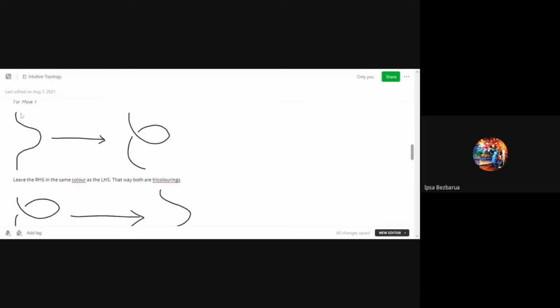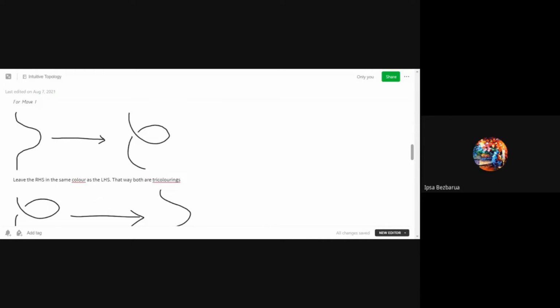So if I'm considering the diagram on the top, I have this untwisted part of the knot, say it's in the color black, and I'm just twisting it. After performing that twist, I can leave this twist in the same color as I started.